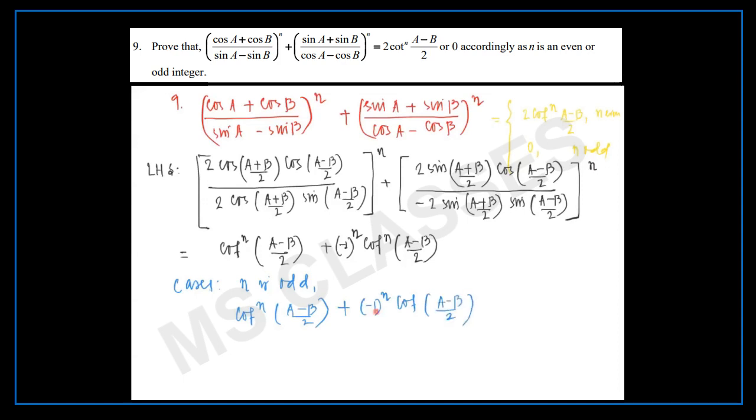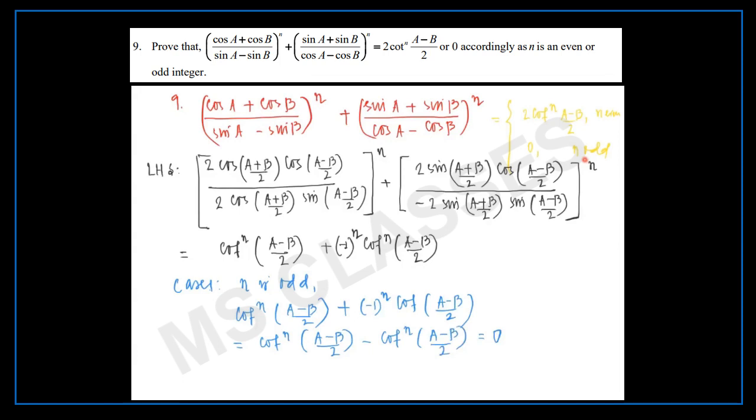Now, if minus 1 has been multiplied odd number of times, that will give us minus 1 only. So what we write here? Cot to the power of n of A minus B by 2 minus cot to the power of n of A minus B by 2, and that gives us 0. So when n is odd, the result is 0.